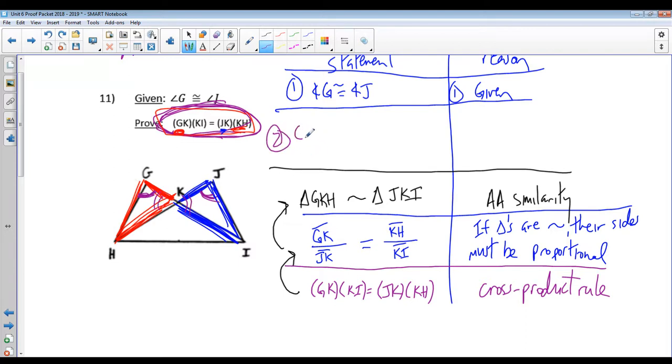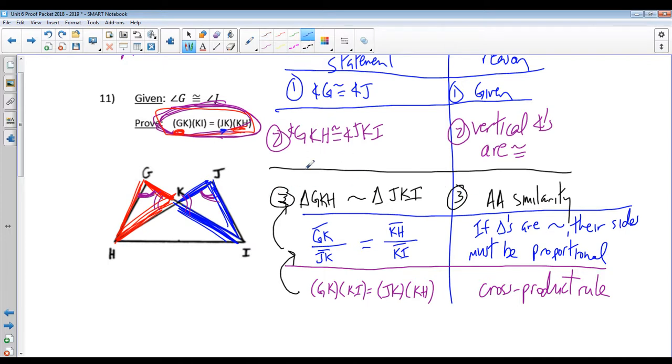So basically my last step, I can say angle GKH is congruent to angle JKI because vertical angles are congruent. There's my second pair of angles, which makes the triangles similar.